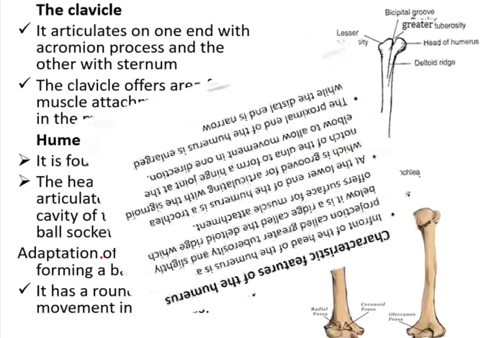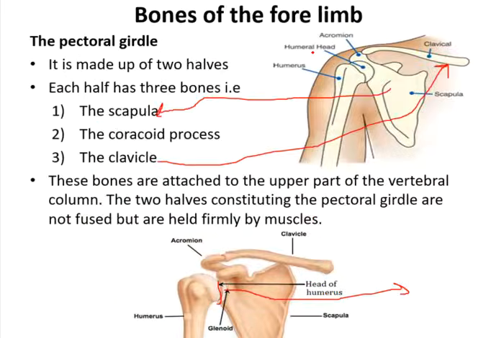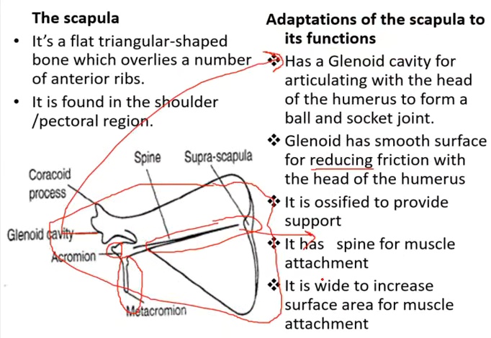Maybe we can go back here. These are our clavicle, as you can see, articulating with the acromion to allow movement at the shoulder. Then the coracoid process provides a surface for muscle attachment. I think I said earlier on it is so much reduced in human beings.